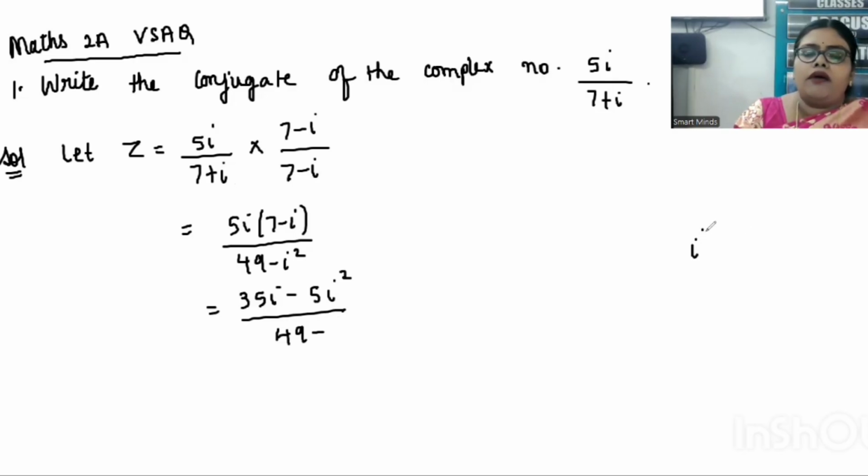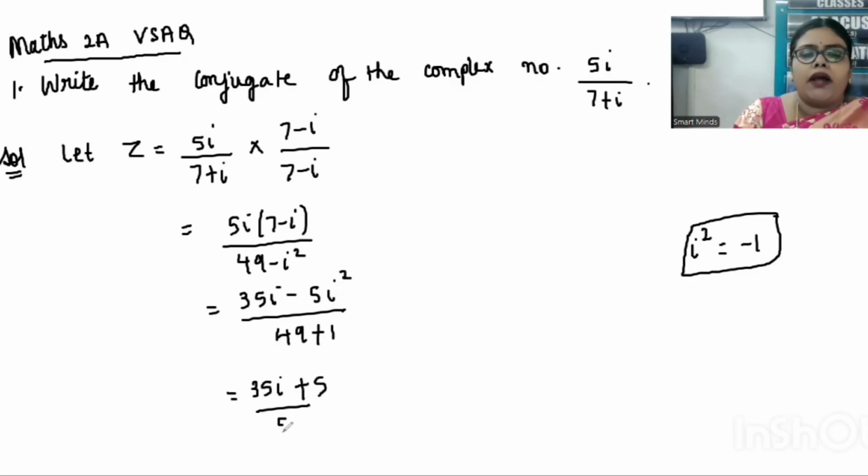Now wherever you have i square, take minus 1. So minus of minus 1 will become plus 1. That is 35i. Now again i square, if we take it as minus 1, this will become plus 5 by 50. If we cancel 5 throughout, we will get 1 plus 7i by 10.